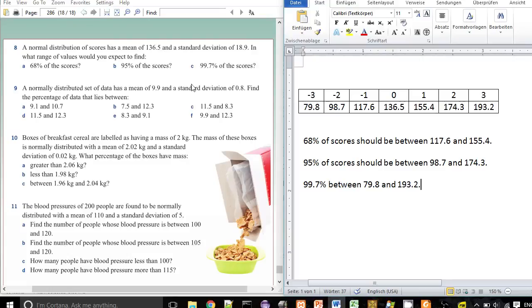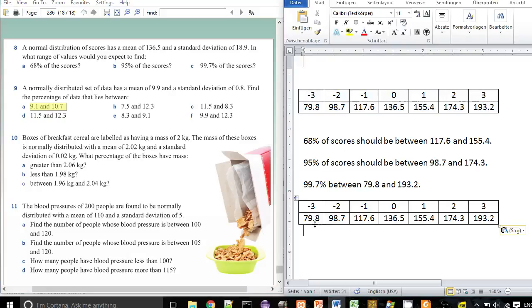A normally distributed has a mean. Okay, this is tricky. This one's easy. I know the answer because I can see these numbers are special. 9.1 is just 0.8 below it, and that is 0.8 above it. So it's between -1 and 1, so that's 68%. What I might actually do is do the same thing. Let's just do the same thing now that we've gone to that effort.